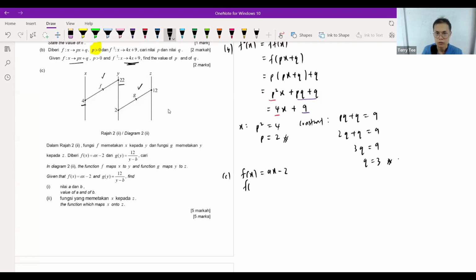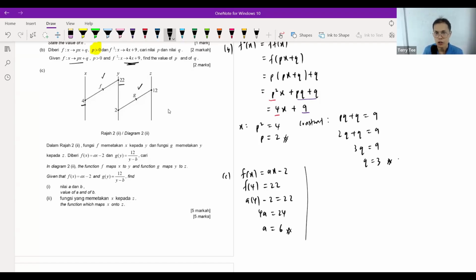So let's put 4 inside. The result equals 22. So a times 4 minus 2 is 22. a times 4 is 4a. Bring the 2 to the right hand side, you get 24. a is 6.